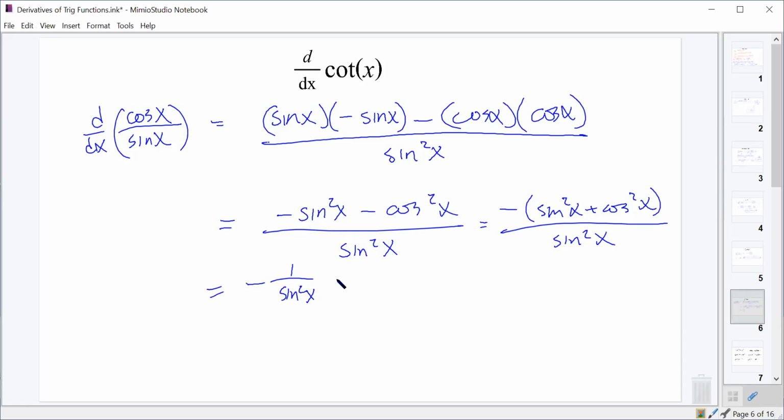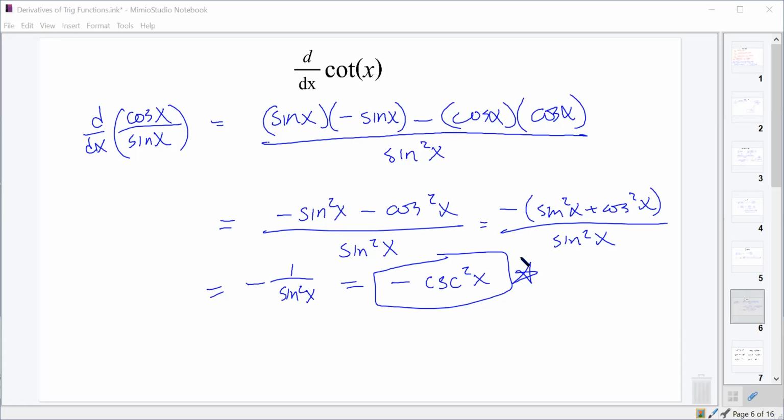And what's negative 1 over sine squared? That's negative cosecant squared x. Good or no? Good. You should memorize that one.